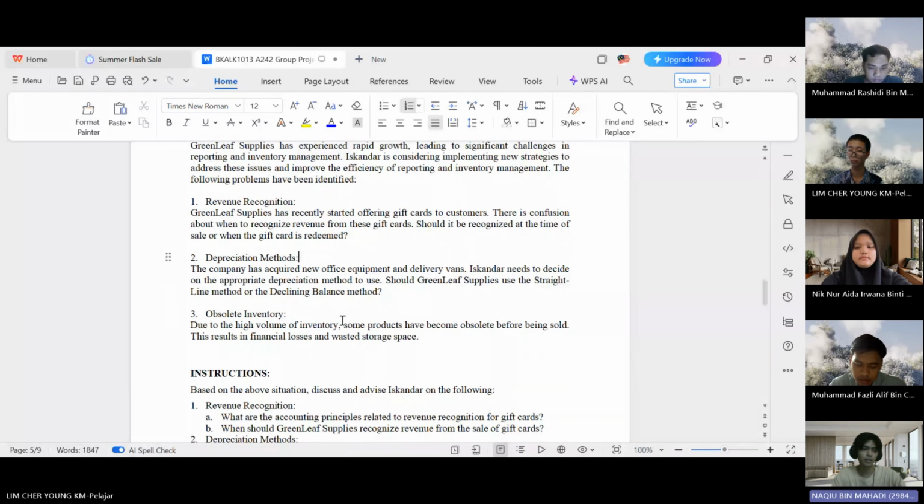Now, regarding depreciation methods, the two common approaches are the straight line and the declining balance methods. Which do you think is more suitable for delivery vans? For delivery vans, I recommend the declining balance method, as the asset tends to lose value faster in its early years.